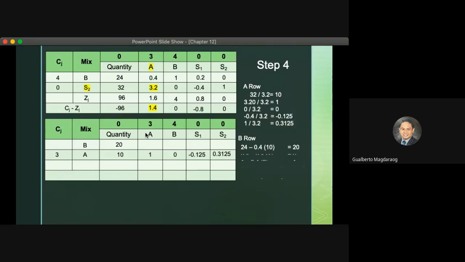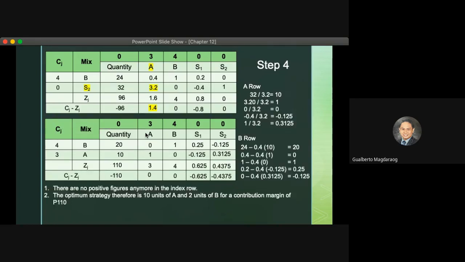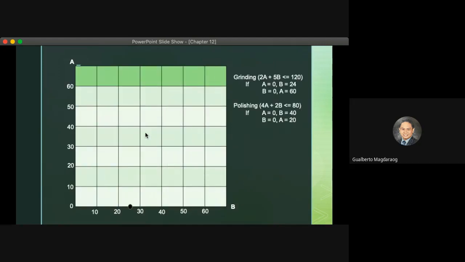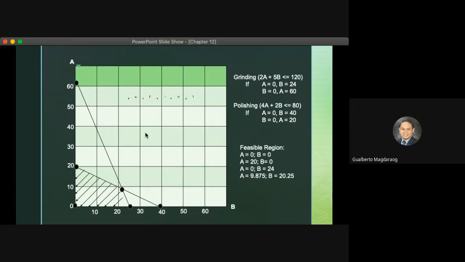So again, we add 1 hour for the grinding. Instead of 120, this time we will change it to 121.